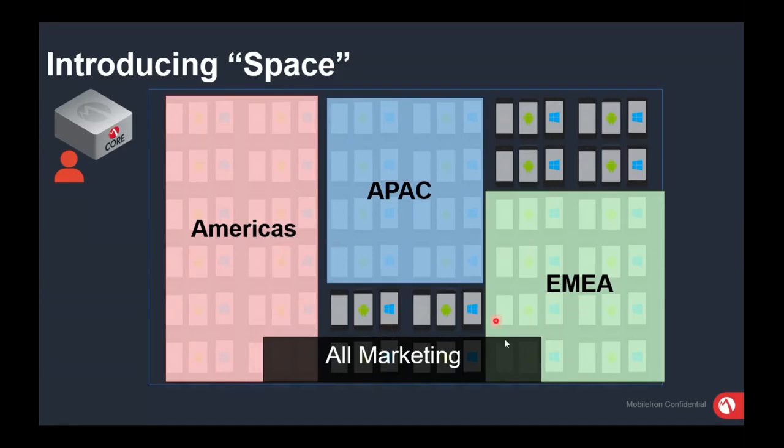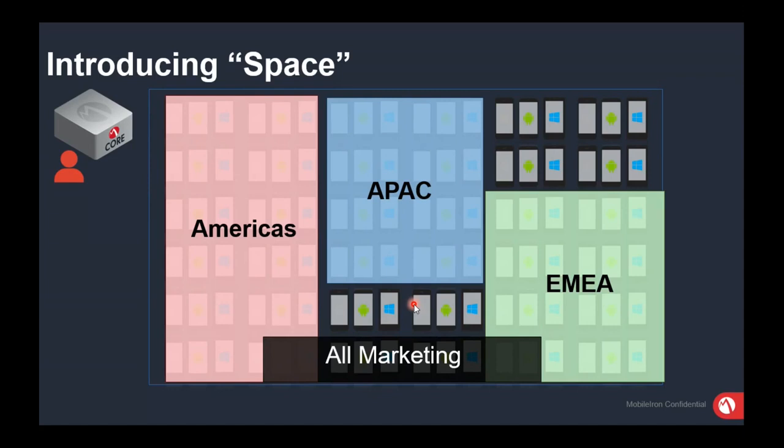Okay, so each space will have their own admin, and each space will have their own set of configuration and users. Within each space, you can link with your Active Directory, and you can have policies and configurations for a particular set of users, or even a link with the LDAP groups.